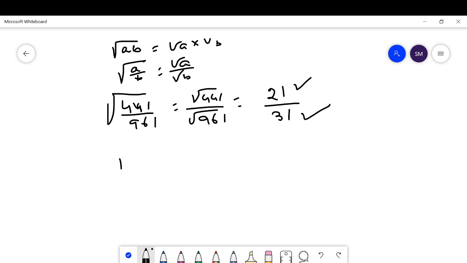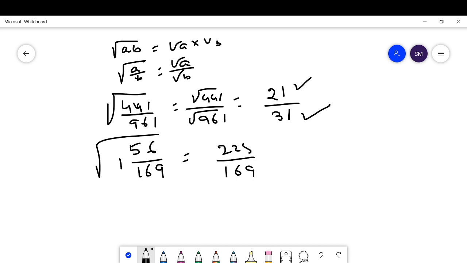Then suppose you are given a mixed fraction. When you get a mixed fraction, at first convert it into an improper fraction. Then only can you find it. This is a mixed fraction. When you convert it into an improper fraction, you get 225 upon 169 square root. What do you mean by this? This is square root of 225 upon square root of 169.